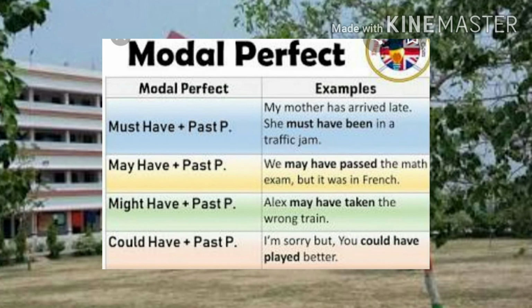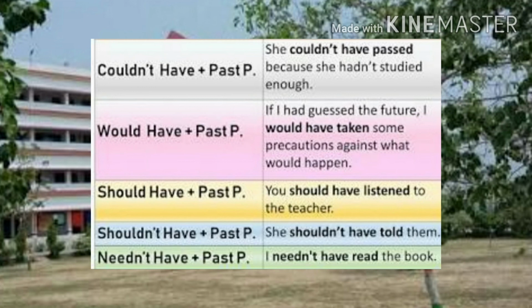Okay, could have plus past participle. I'm sorry, but you could have played better. Couldn't have plus past participle. She couldn't have passed because she hadn't studied enough. Would have plus past P. If I had guessed the future, I would have taken some precautions against what would happen.